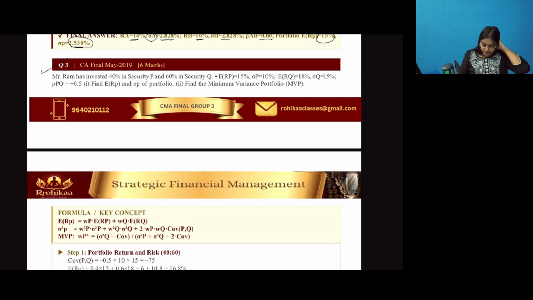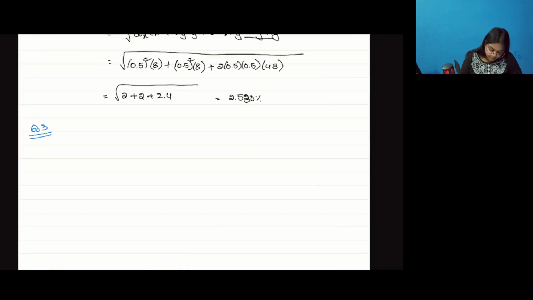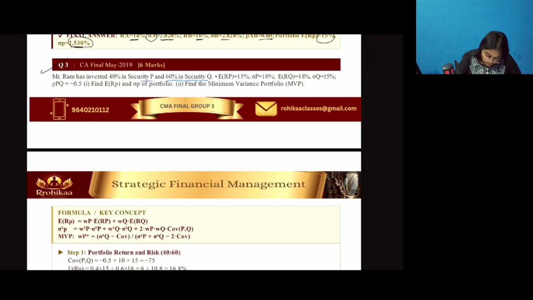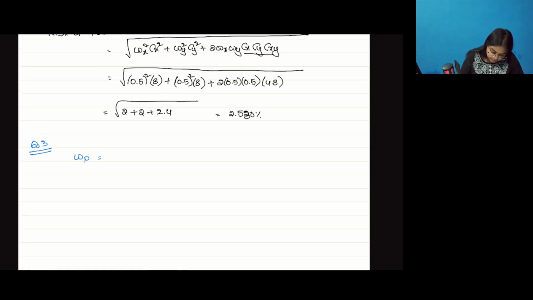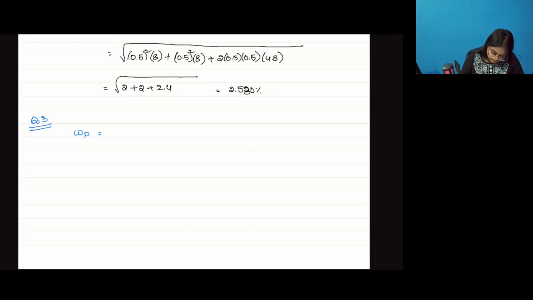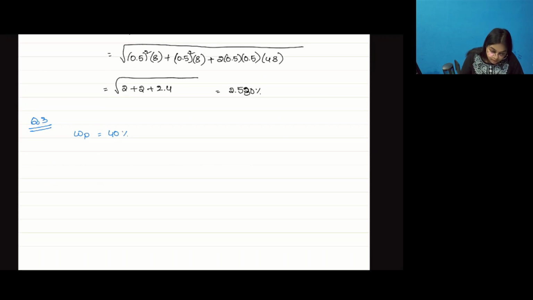Mr. Ram has invested 40% in security P and 60% in security Q. So weight of P equals 40% and weight of Q equals 60%.